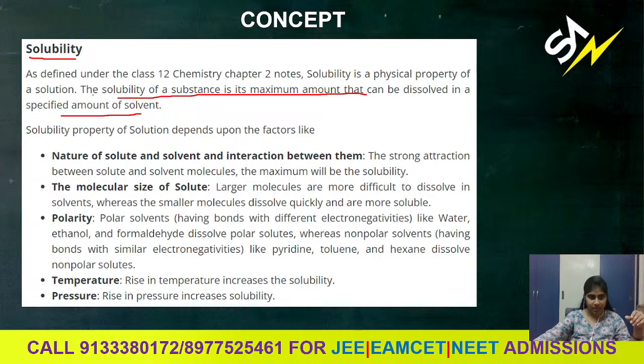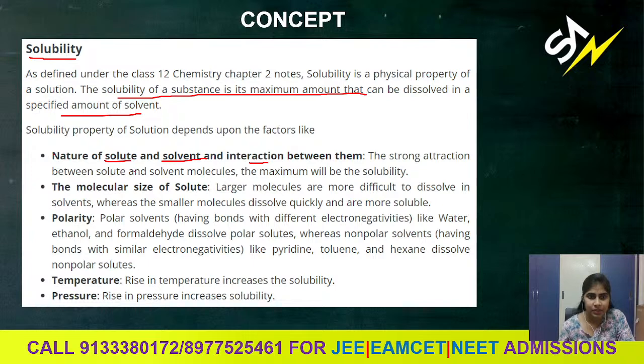This solubility mainly depends on the nature of solute and solvent: how easily a solute can be dissolved in a solvent, and the interaction between them, how new bonds can be formed between the solute and the solvent. This is the dependent factor.